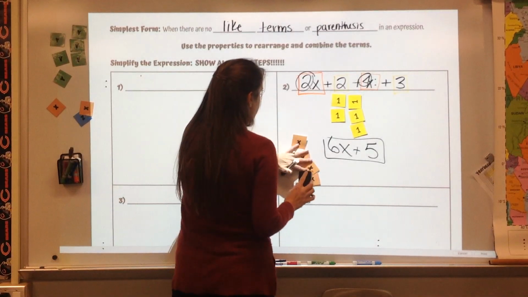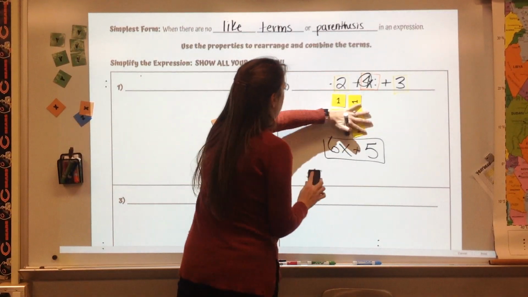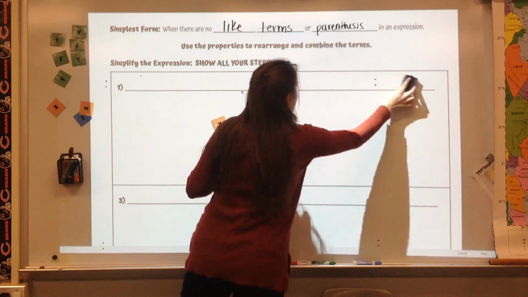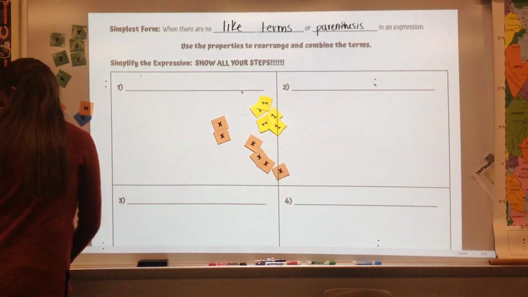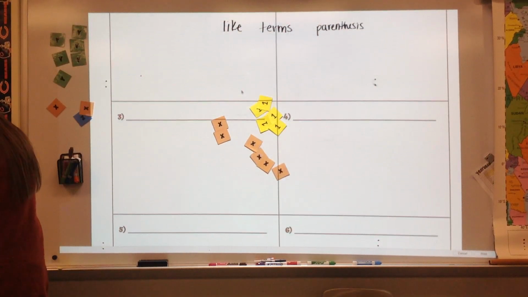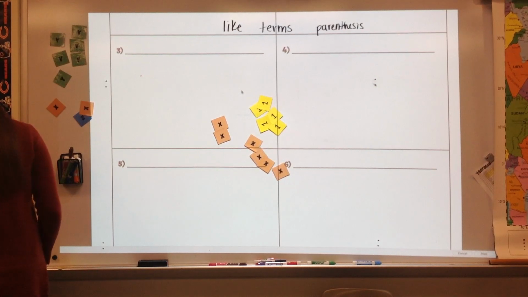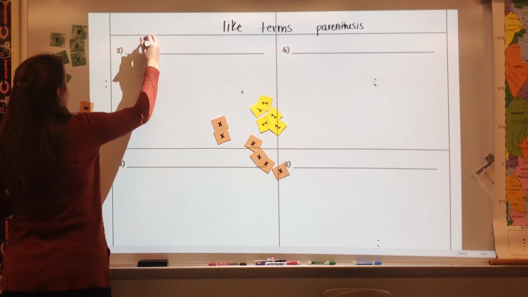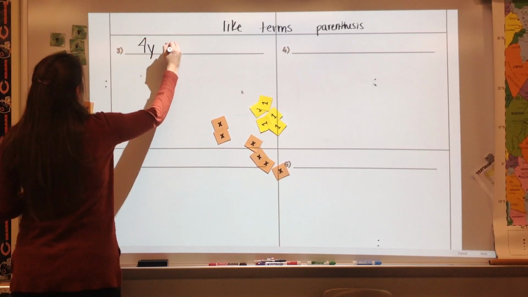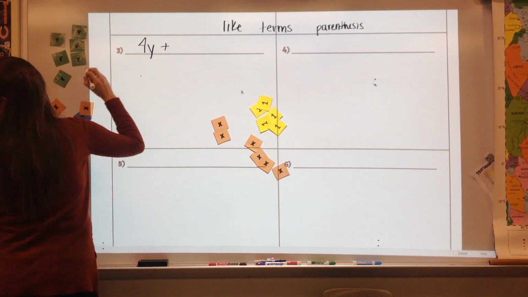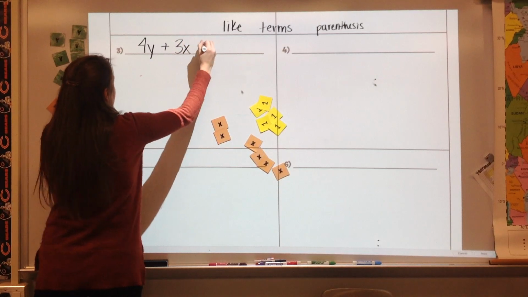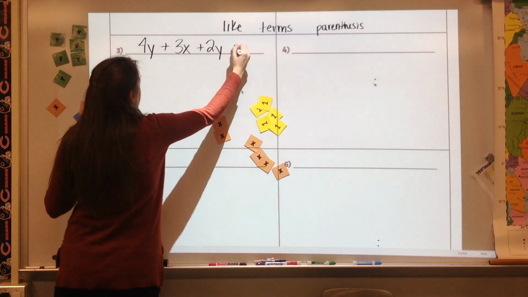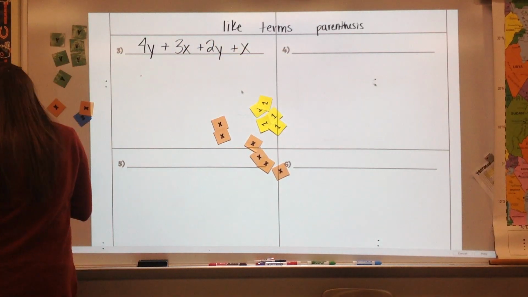Let's try some more. Alright, for example 3, we're going to do 4y plus 3x plus 2y plus x.